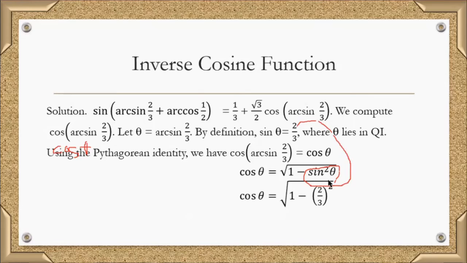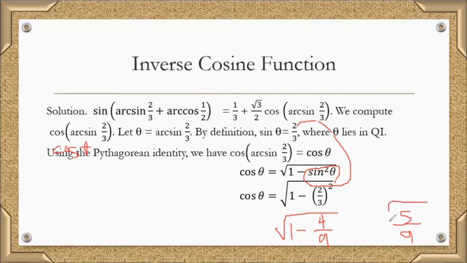Ayan. So, ang mangyayari ngayon ay cosine theta is equals to square root of 1 minus 2/3 squared. Siyempre, ang 2/3 squared ay 4/9. Then, kuhanin mo lang yung square root 1 minus 4/9, magiging 9 minus 4 ay 5.